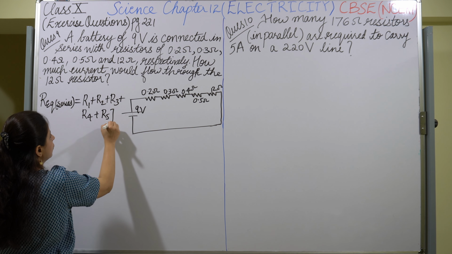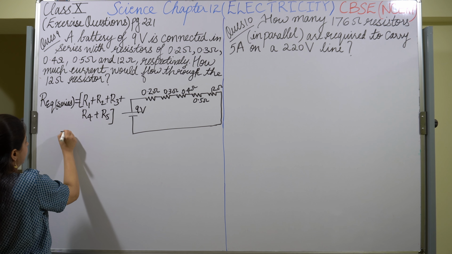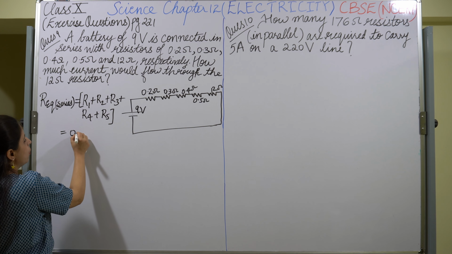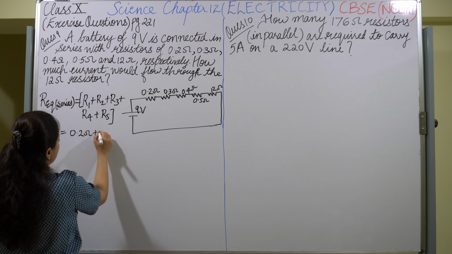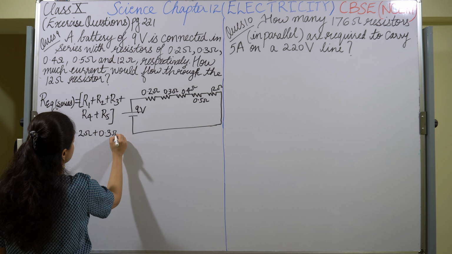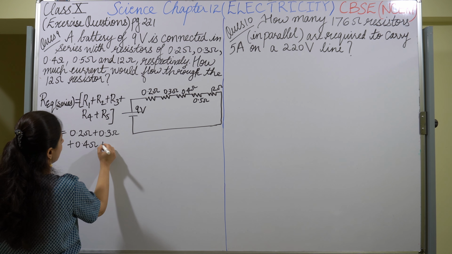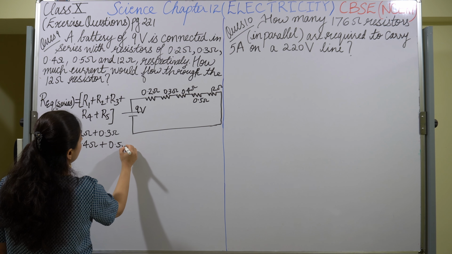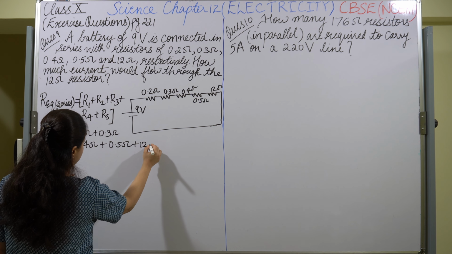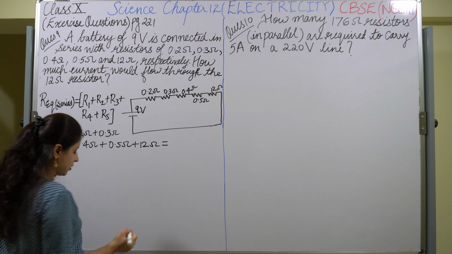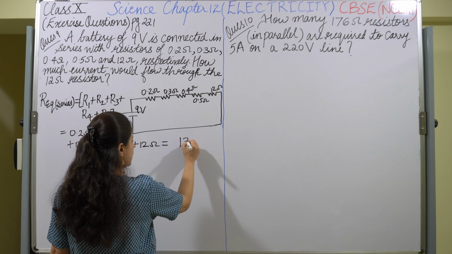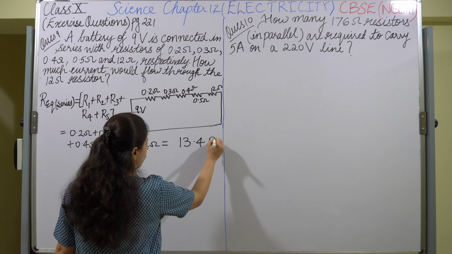Here we will be adding all the resistances: 0.2 ohms plus 0.3 ohms plus 0.4 ohms plus 0.5 ohms plus 12 ohms, and it will give us a total of 13.4 ohms.